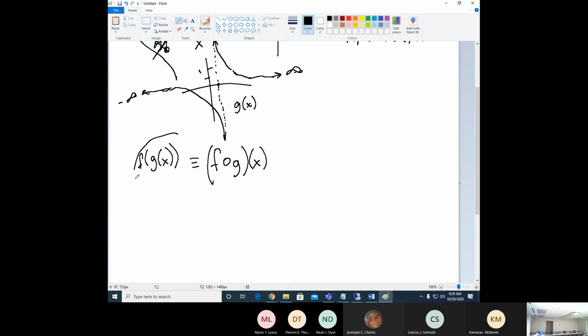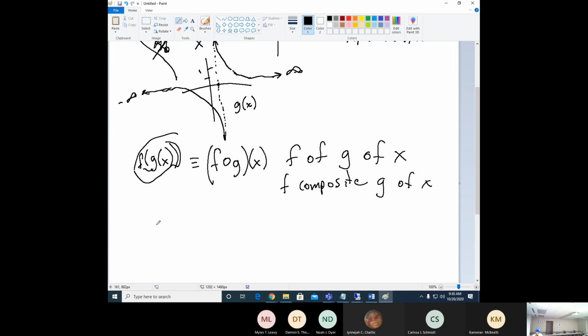I like this way better myself. I like to write it out that way better. F of g of x. We call that f of g of x, or f composite g of x. I just like to say f of g of x.